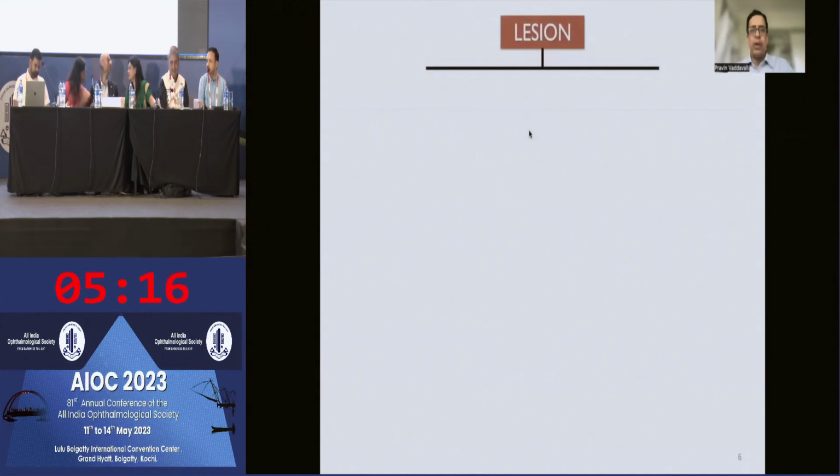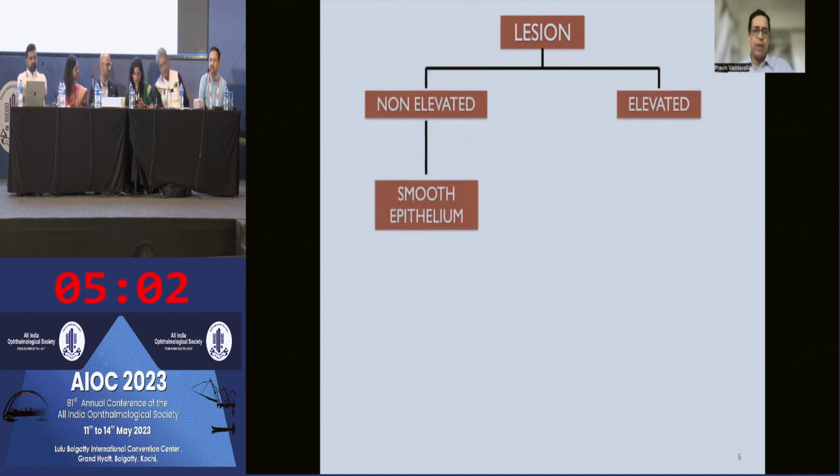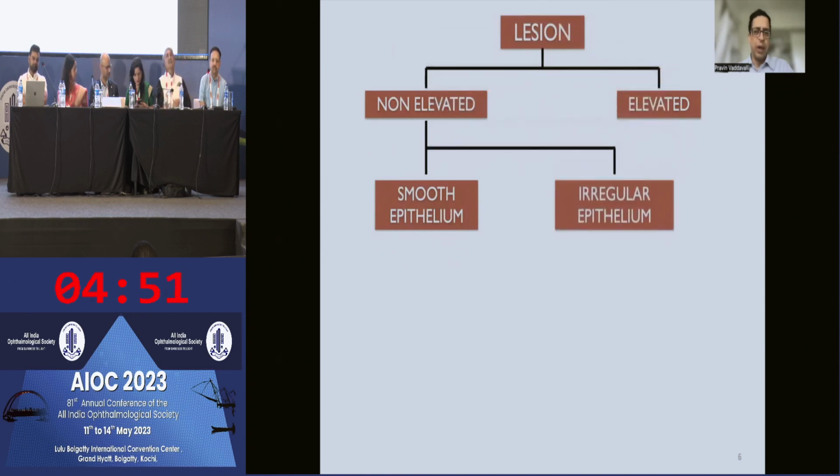So how do you choose which surgery will be most beneficial for which patient? If you have a lesion that is non-elevated, that is, flat on the surface, versus a lesion that is elevated, for non-elevated lesions you have to again differentiate whether the epithelium is smooth or not. Non-elevated lesions you can identify on slit lamp examination, and whether the epithelium is smooth or irregular you can identify on topography.